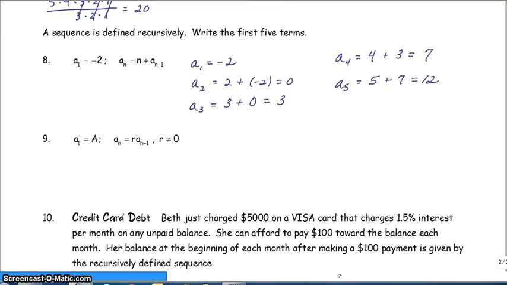For problem 9, this time a sub 1 is capital A. A sub n is equal to r times the term before that, where r isn't equal to 0.